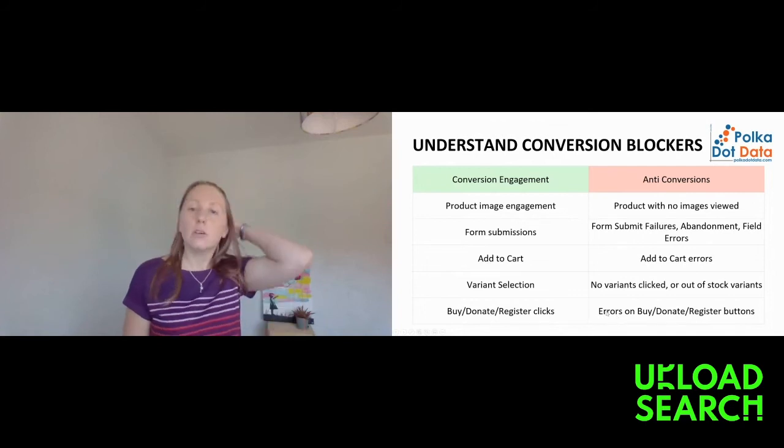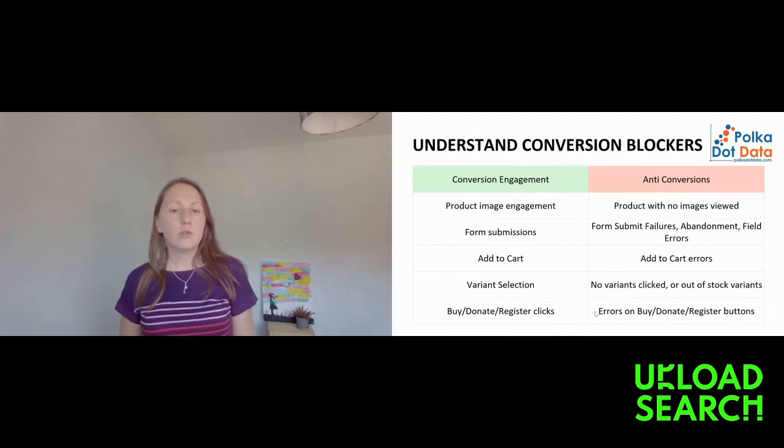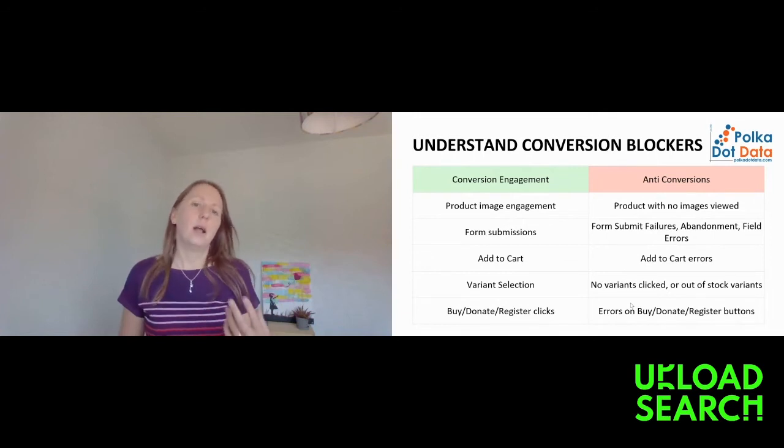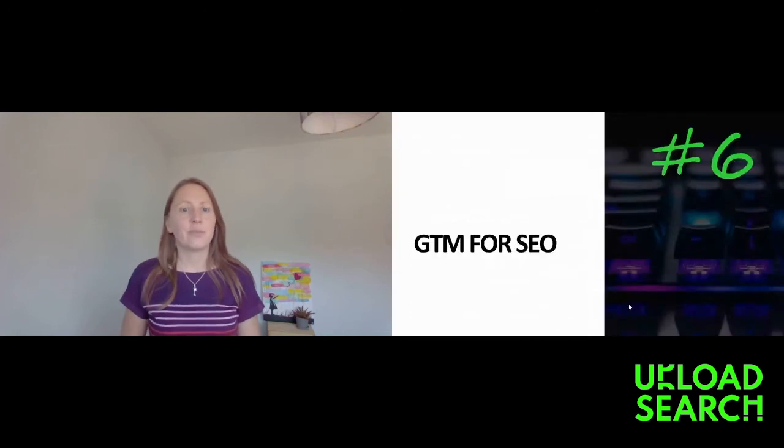If you're not tracking those, and they're quite easy to implement in Google Tag Manager generally, that's some really useful data that you could get from GTM and GA that would really help you understand how many conversion blockers will a user see before they leave and before they give up? How determined are they to succeed? How determined are they to purchase?